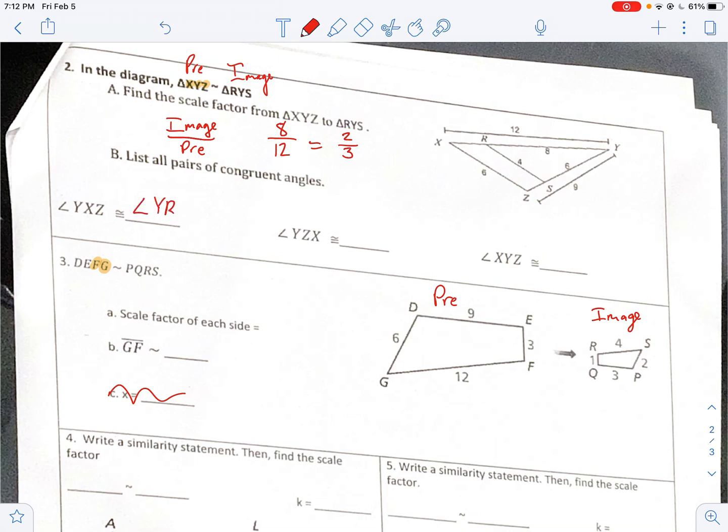Middle, first, last letter in the name of that smaller triangle. YZX, that's the middle, then the last, then the first. Middle letter in the smaller triangle is Y. The last letter is S, the first letter is R, and XYZ, just in order, goes with R, Y, and S.